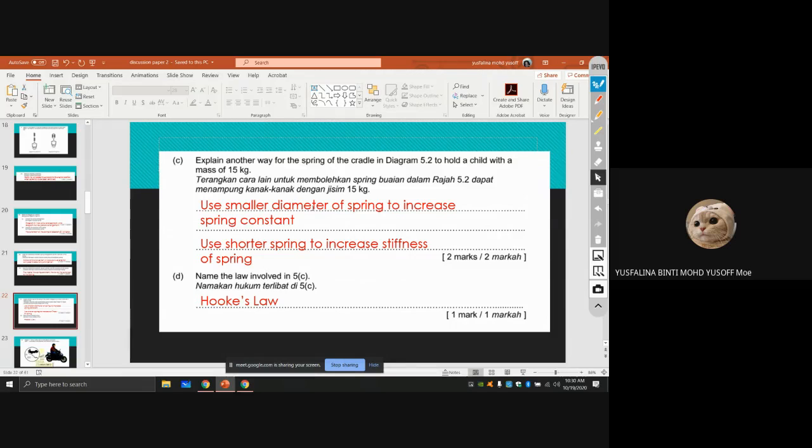So you can use the three factors that I gave just now. And name the law. So this one is actually Hooke's law.